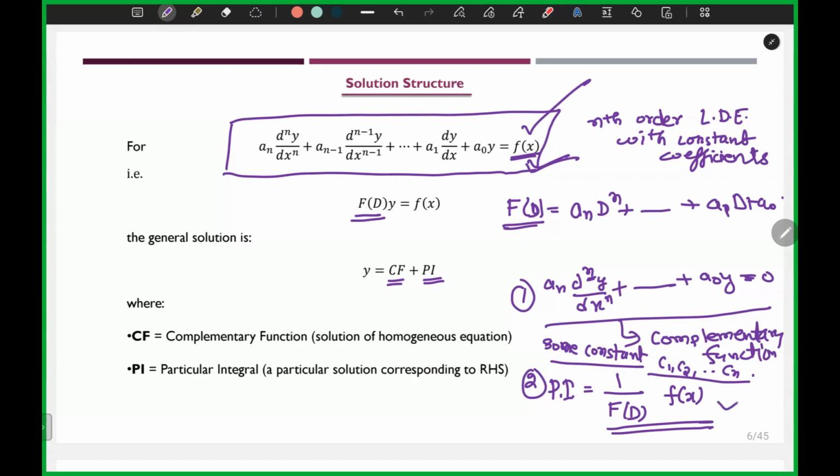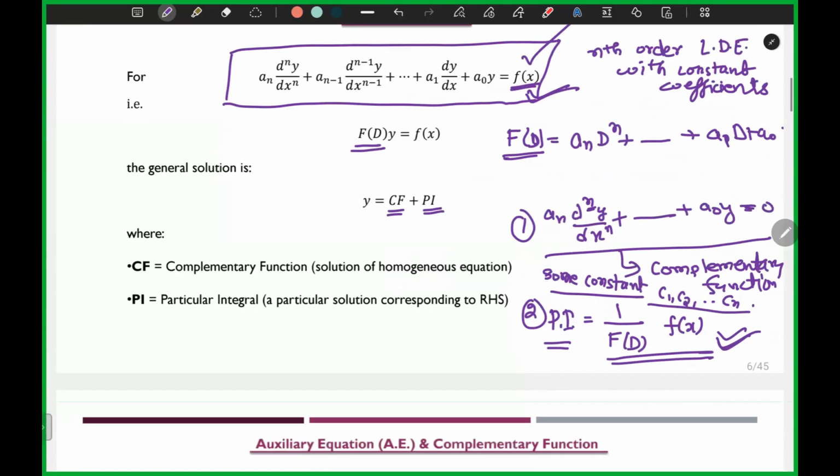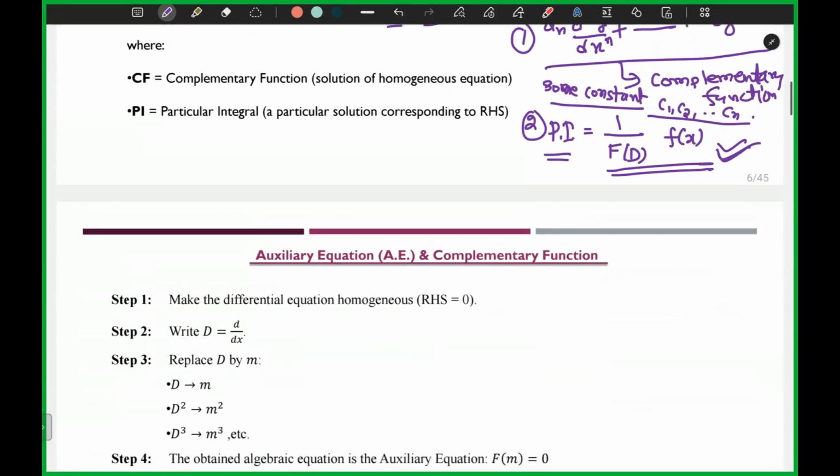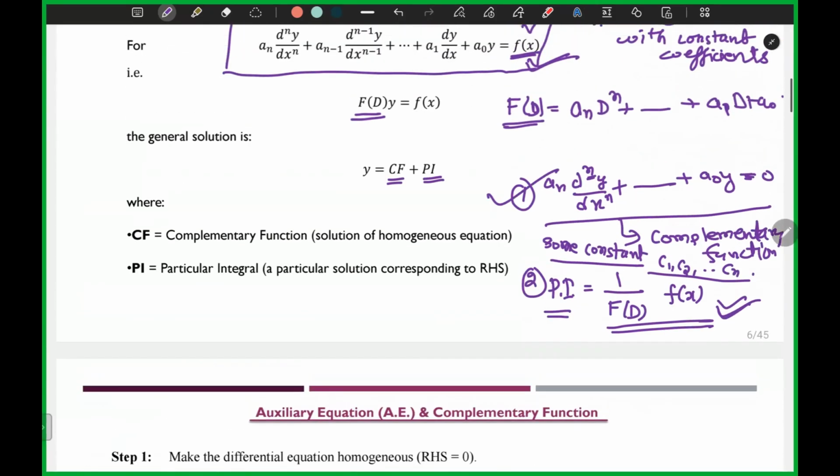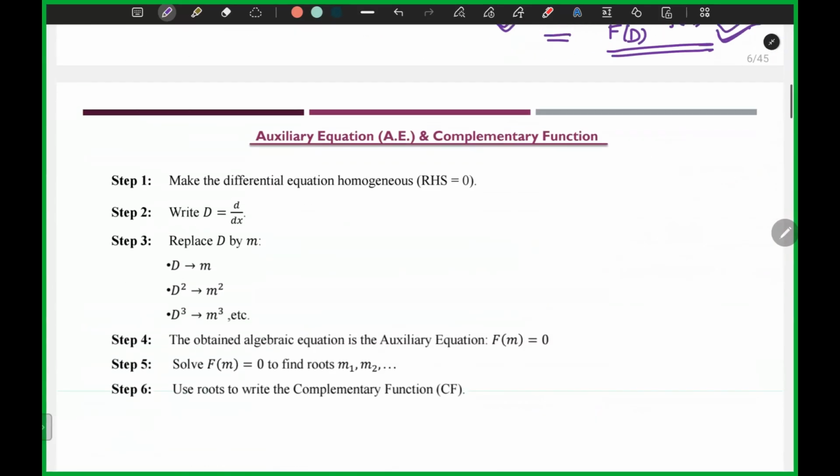Here we will discuss the cases of how we solve the particular integral part when f(x) has different types of forms. We will discuss the complementary function first, and then the particular integral solutions.